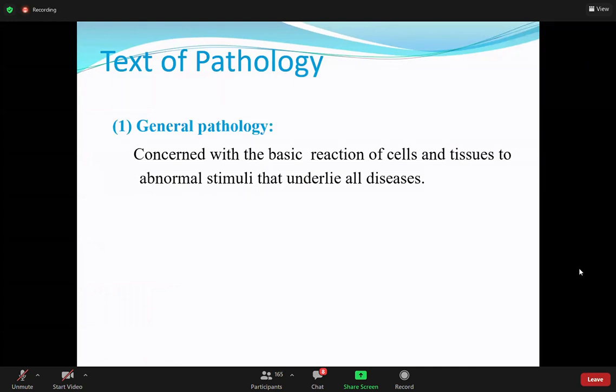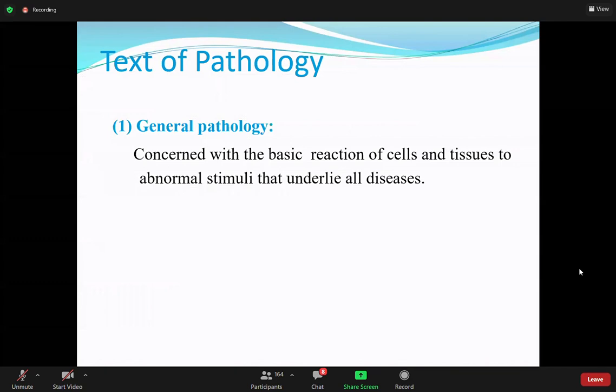We are not going into the specific part. What do I mean by specific part? We are not discussing what is going on in the respiratory system, the GI system, the reproductive system, or the CNS. We are not touching the specific systems. We are talking in general.